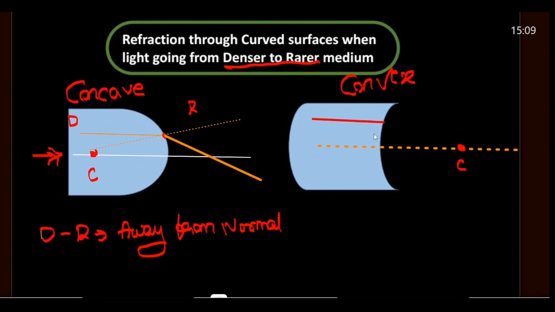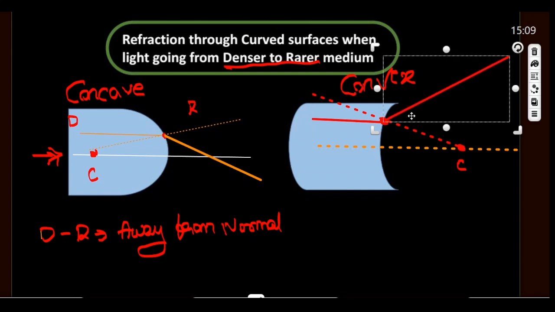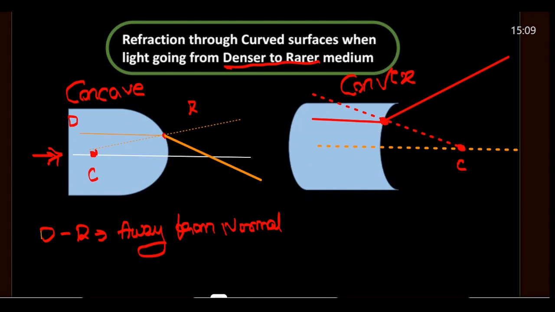Now on this concave surface, if we draw the normal at this point, it looks like this. Simply, we need to draw the radius from this point. Now this is the normal at this point. How does the refracted ray bend? It bends away from the normal, so it looks like this. This is the incident ray and this is the refracted ray.